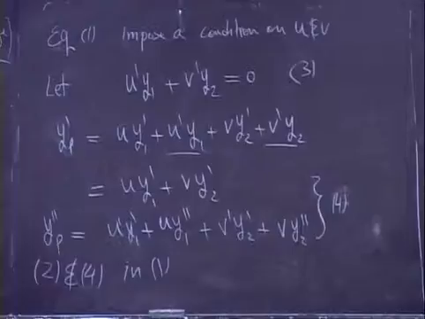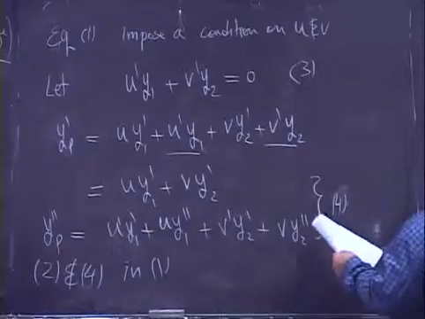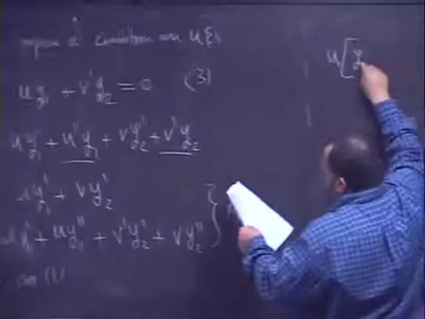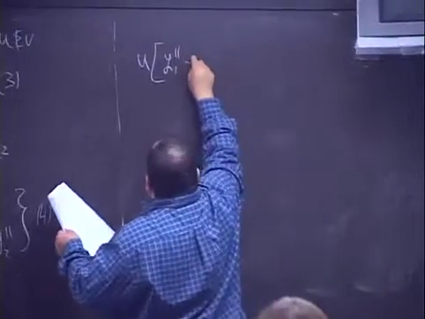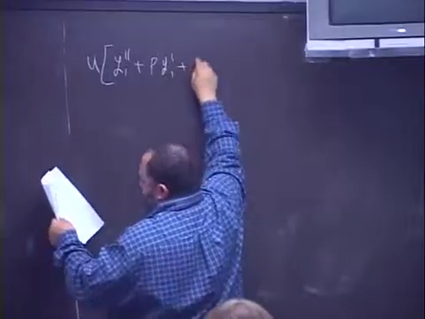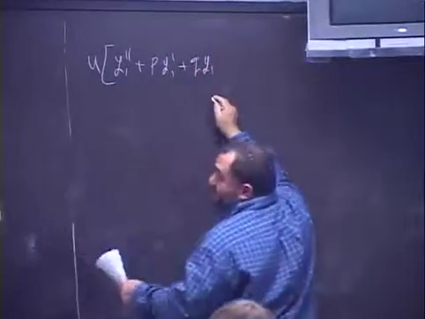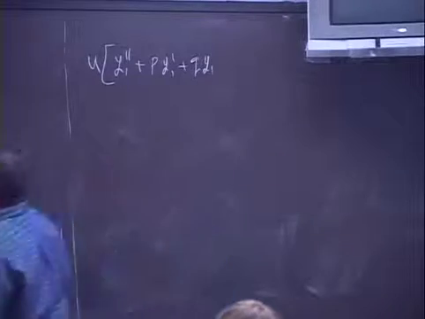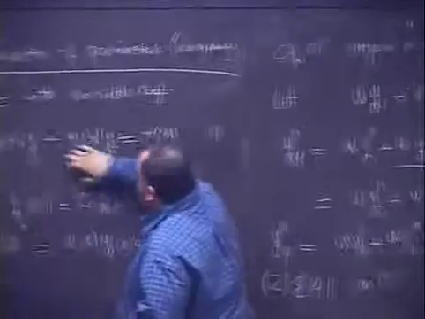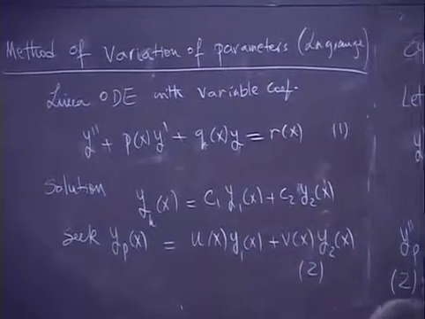Then when you substitute, you will end up with the following formula. It will be u times y1 double prime plus p y1 prime plus q y1. This is, we call it q instead of g. Okay, guys.